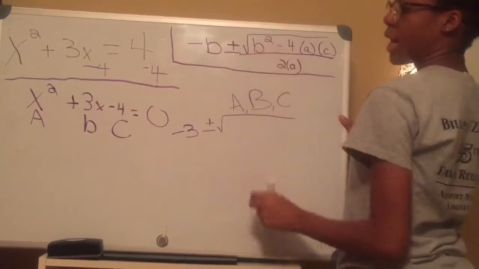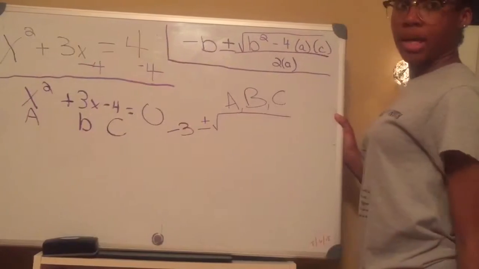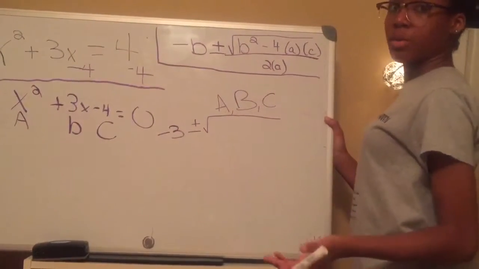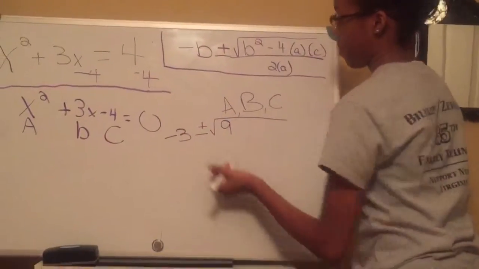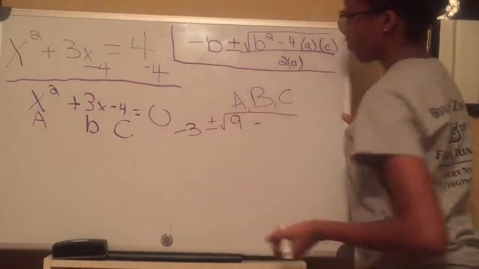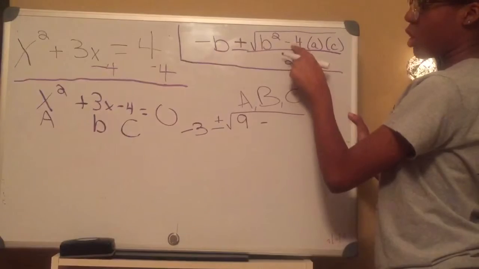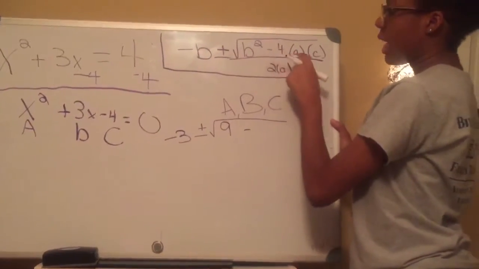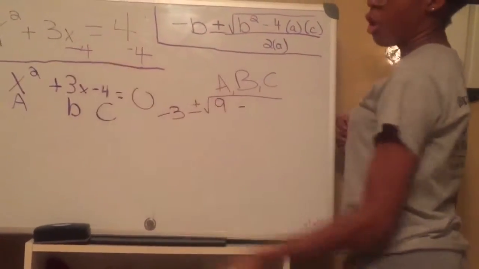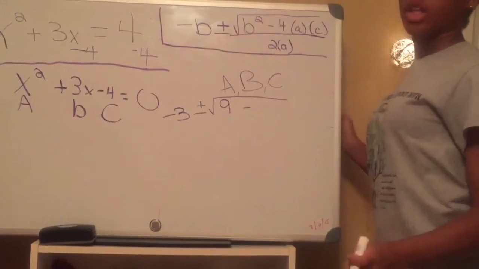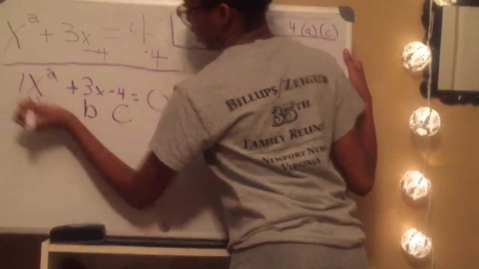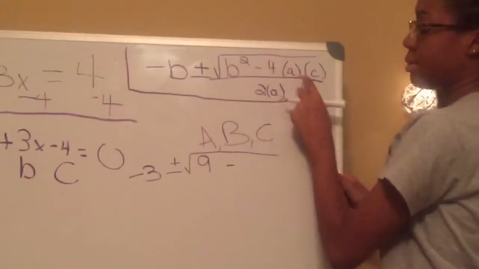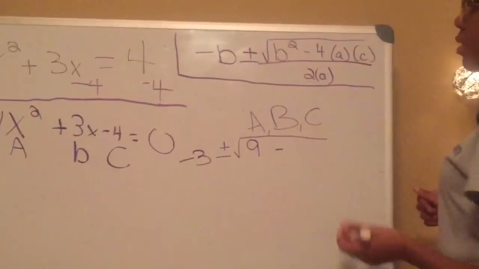You have a b squared, so you will square b. 3 squared is 9. Minus 4 times a. There's no number in front of a, so it is understood that there is a 1 here. So 4 times 1 is 4.